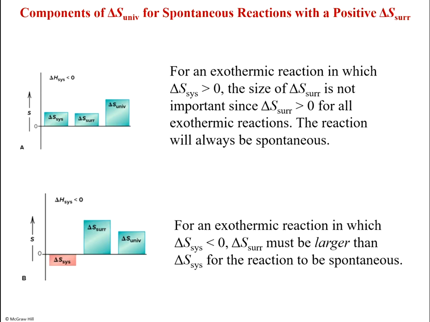If we have an exothermic process for which the entropy change for the system is less than 0, then the entropy change for the surroundings has to be larger in magnitude than delta S for the system for the reaction to be spontaneous. So delta S for the system plus delta S for the surroundings equals delta S for the universe, which must be positive if it's to be a spontaneous process.